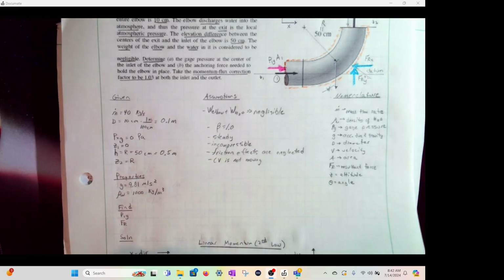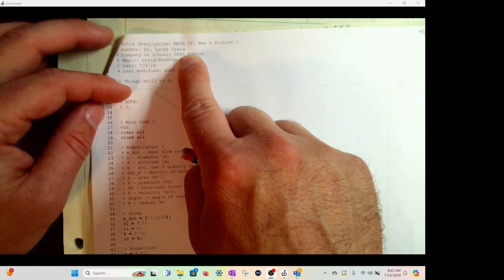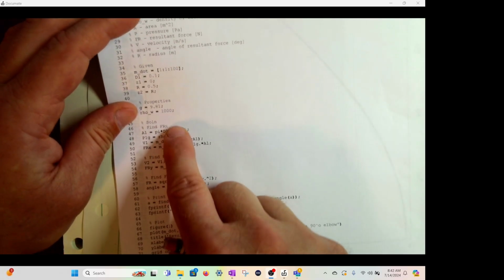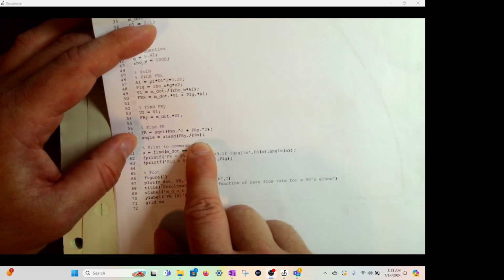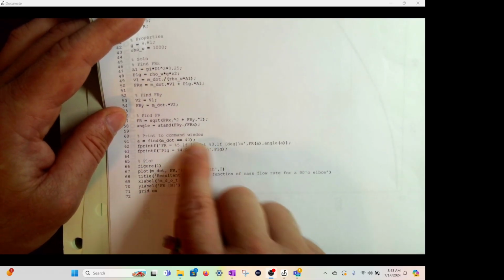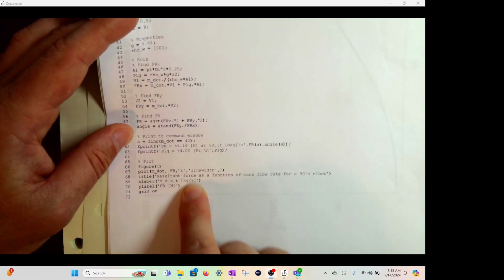Now, I also did a little script coding example. So here's my header for that, my nomenclature, my givens, properties, and then I got right into the solution, and I'm trying to solve for FRX and FRY. Here's FR, here's my angle. Okay, I'm going to print out when the mass flow rate is 40 what these answers are, but I also did a graph to show you.